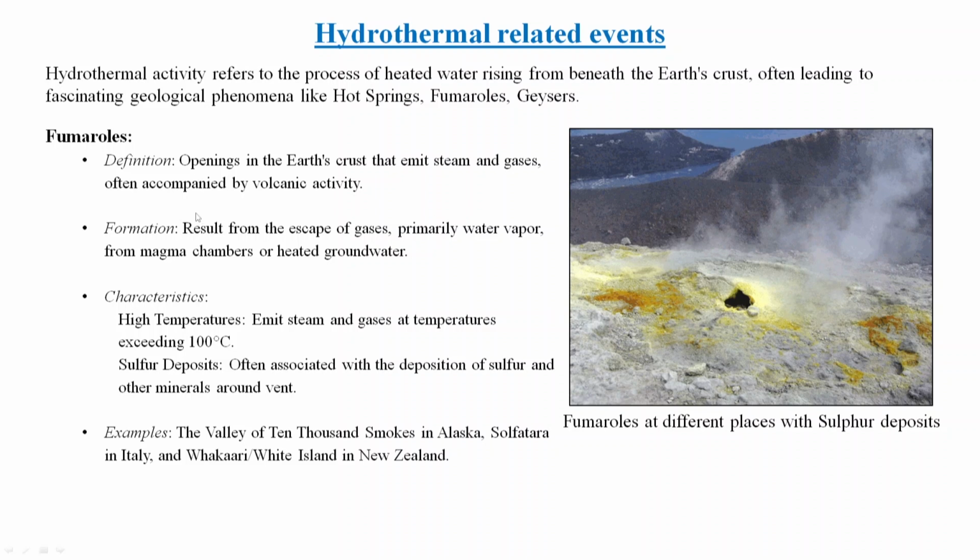Characteristics include high temperature, exceeding 100 degrees centigrade, and they are associated mostly with sulfur deposits, or sulfur also gets outpoured along with these fumaroles. Examples include the Valley of 10,000 Smokes in Alaska, Italy, and other places in New Zealand as well.